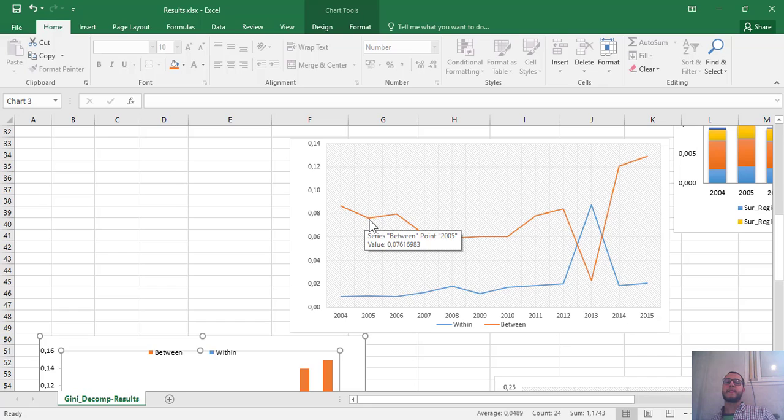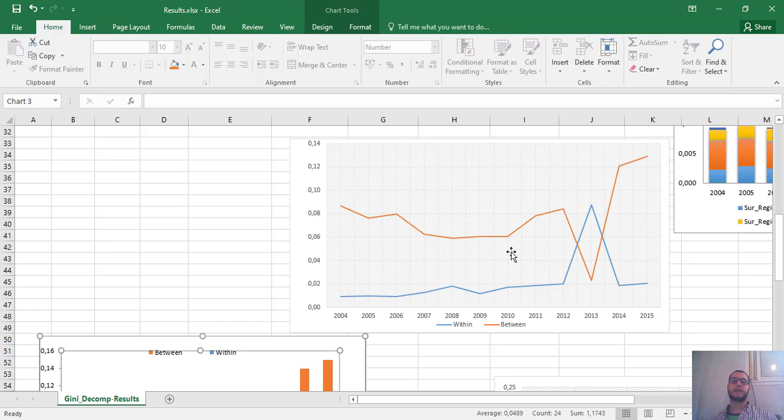The between effect is greater than the weaving effect. That means that the inequality between the regions or the sub-regions is more important than the weaving effect.